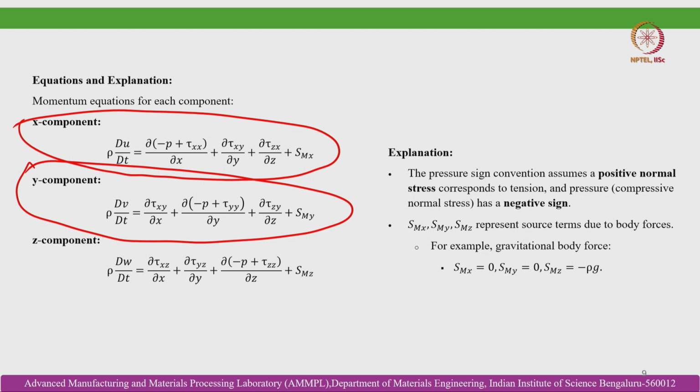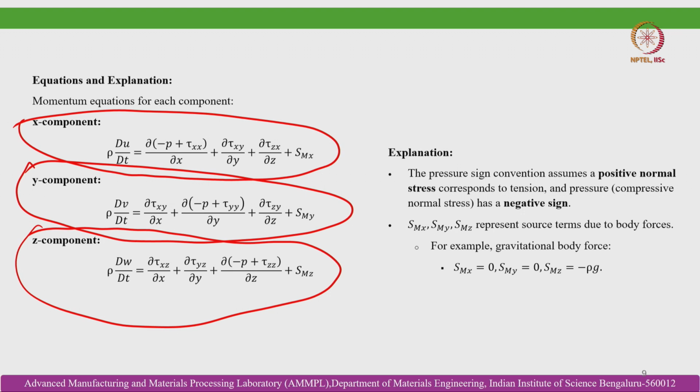And for the z component, rho dw/dt equals ∂tau xz/∂x plus ∂tau yz/∂y plus ∂(-p + tau zz)/∂z plus Smz, the source term for the z direction.